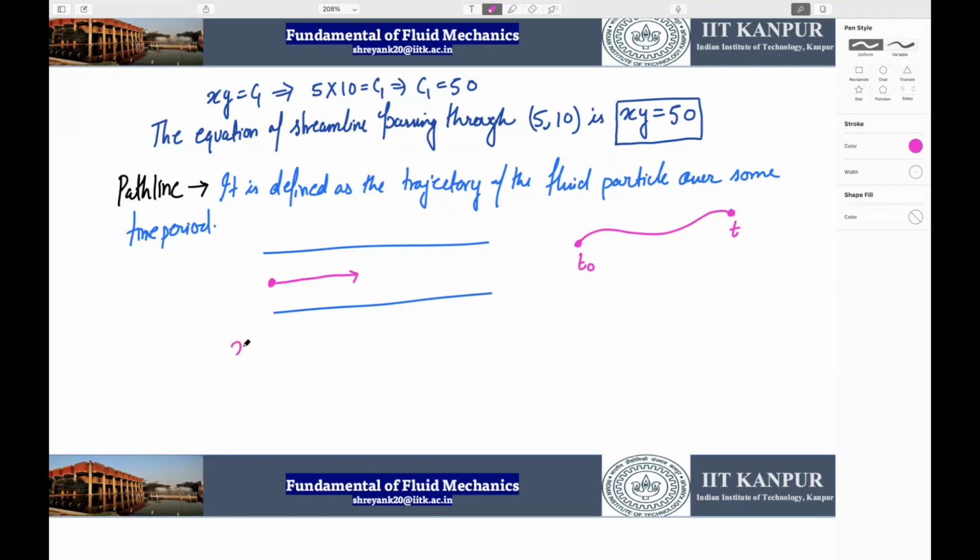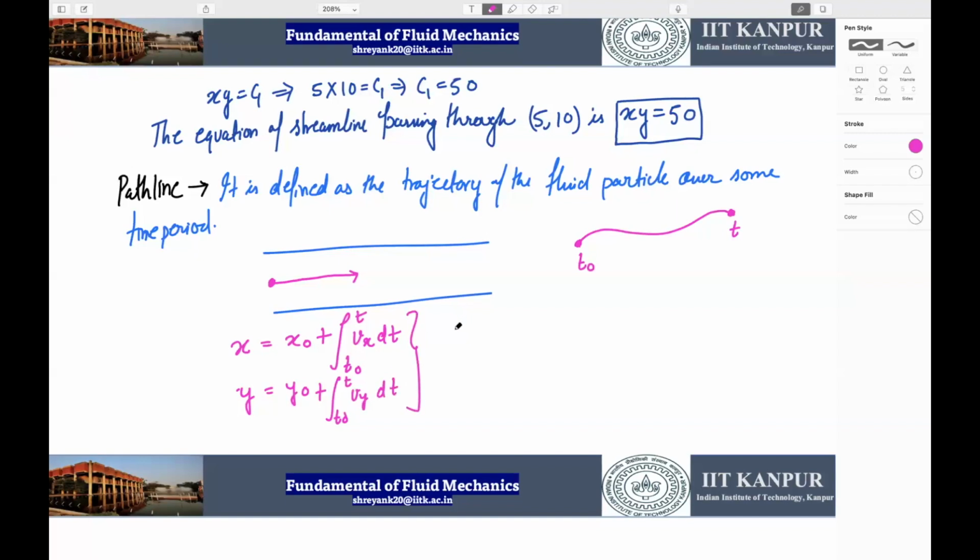So the equation describing the path line is given as x is equal to x naught plus the integral from t naught to t of vx into dt. Similarly, in terms of y, y is equal to y naught plus the integral from t naught to t of vy into dt.